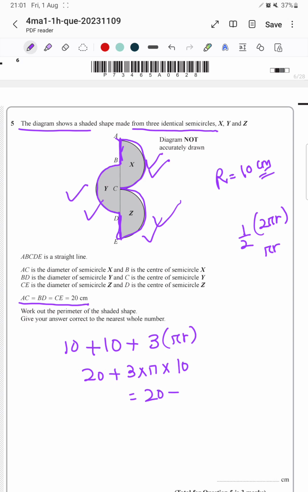So this is 20 plus 30 pi, and when you solve it, it is going to be 114.24 something, but because we have to find the nearest whole number, we will consider it 114 centimeters.